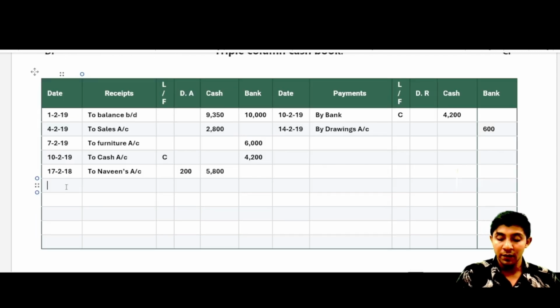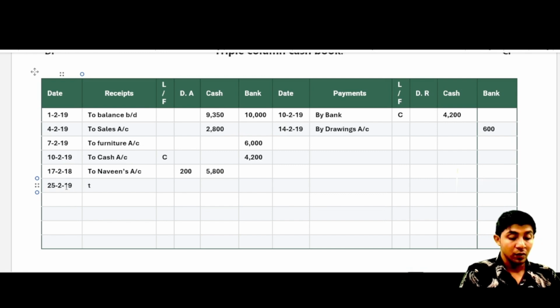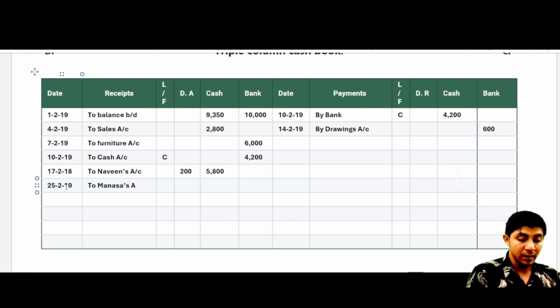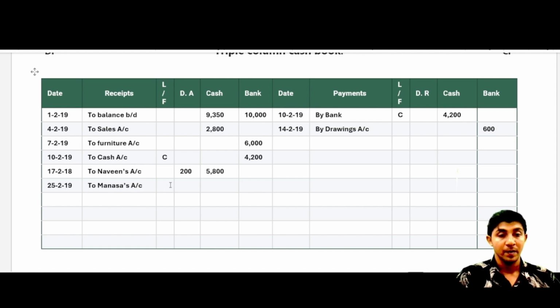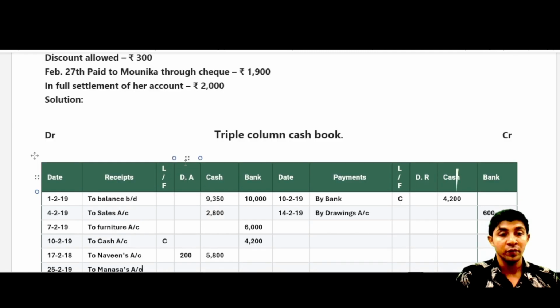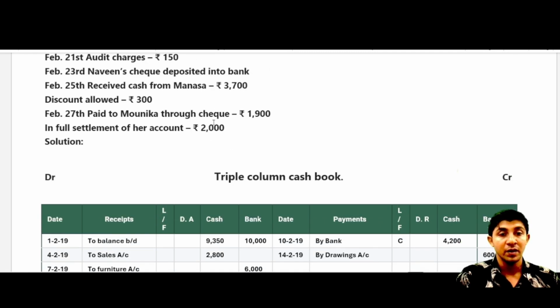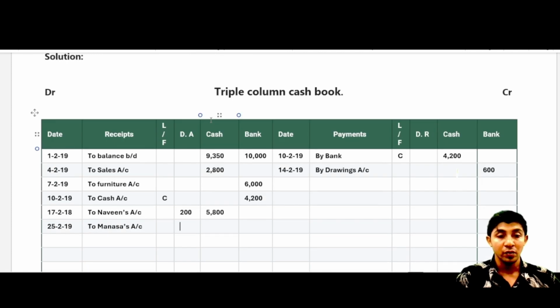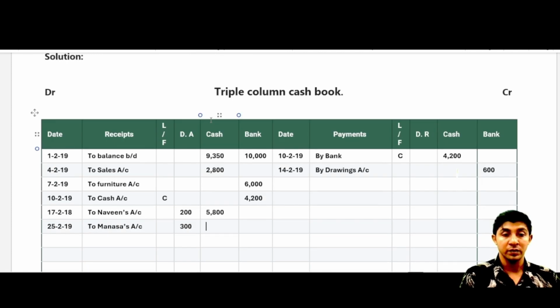In date we will write 25th of February 2019, to Manasa's account. We have received 3,700 and the discount is 300. So 300 is the discount and we have received 3,700 cash from Manasa on 25th.